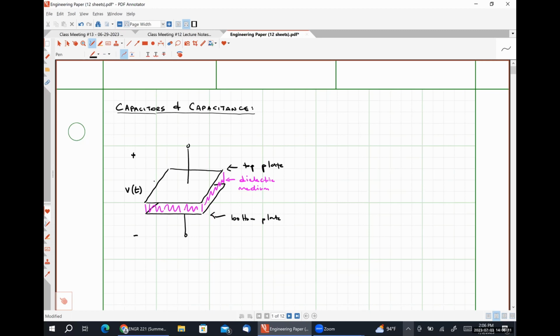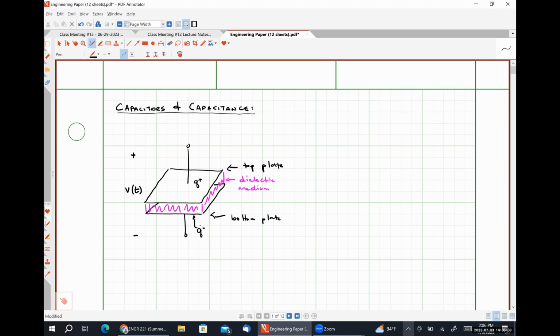So what we would observe is that positive charge would gradually accumulate on this top plate. So we're going to have some Q plus here, and that will attract the same amount of negative charge onto the bottom plate. Okay.